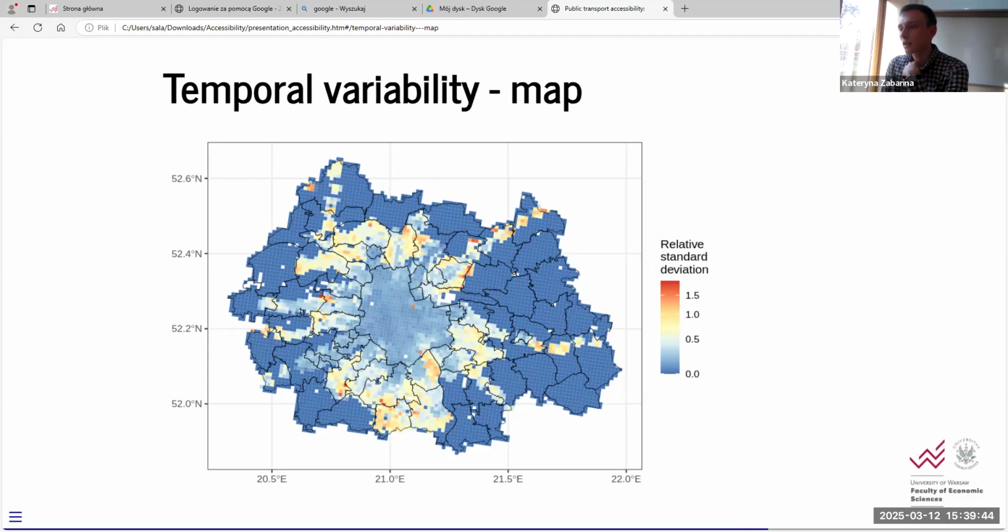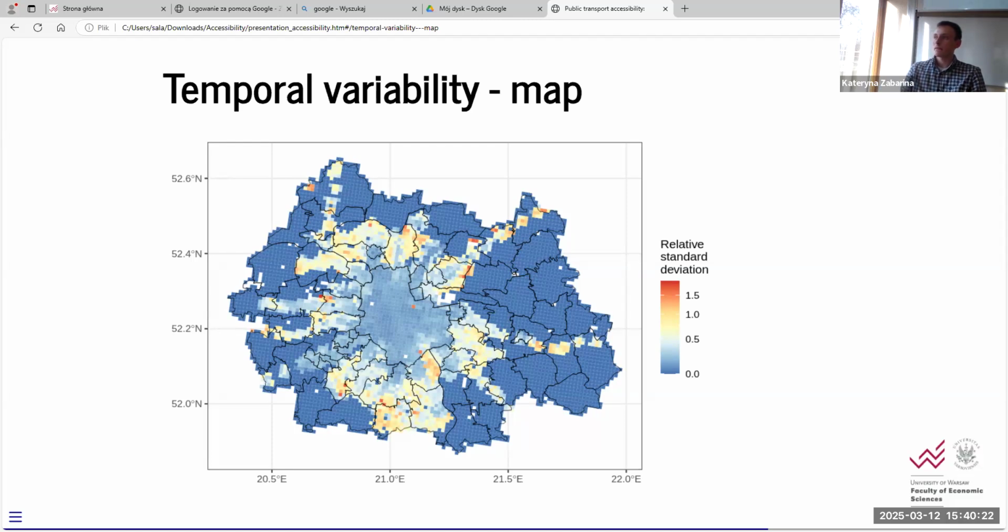Here we have the relative standard deviation of accessibility in each grid square, and I took into account only the hours of operation of the transport network, so from 5 to 11 p.m. And what we can see is that the suburban areas have a much higher variability of service.